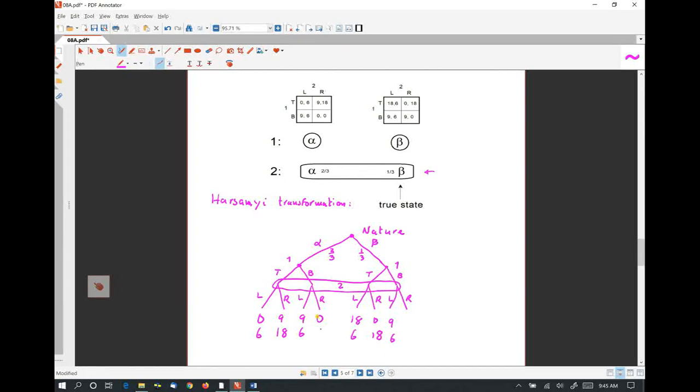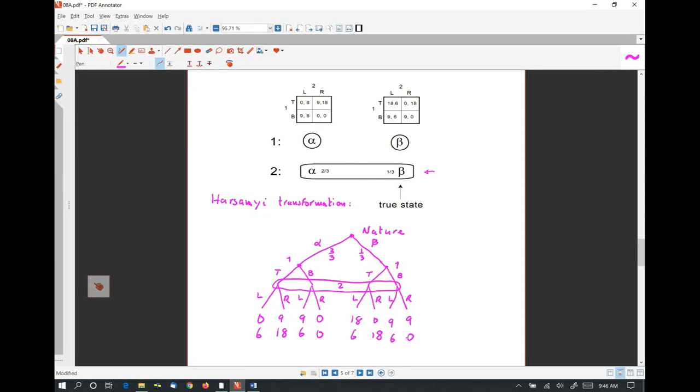And then we have 0, 0 from BR as state alpha, but we have 9, 0 as state beta. Okay. And so we have now constructed a natural game where we have represented the situation of incomplete information that we have above.